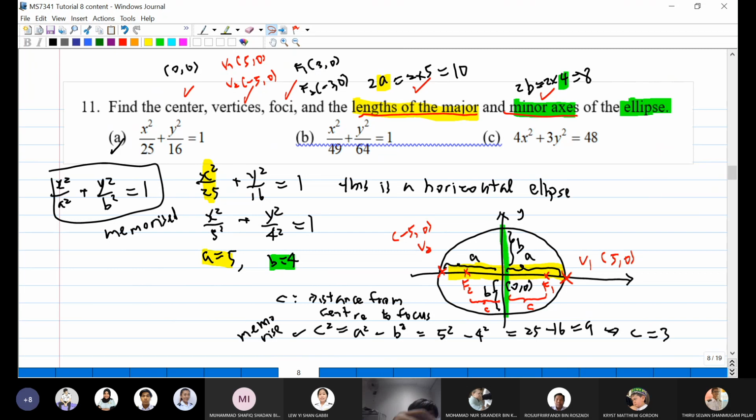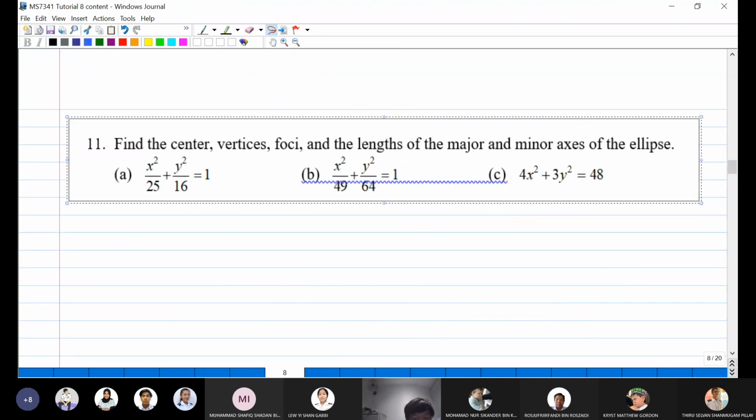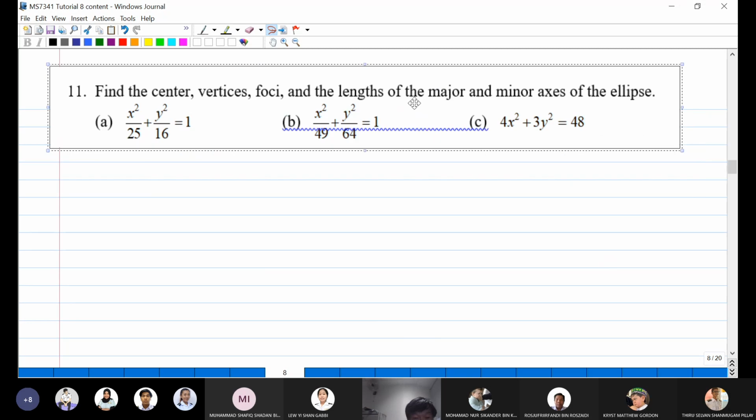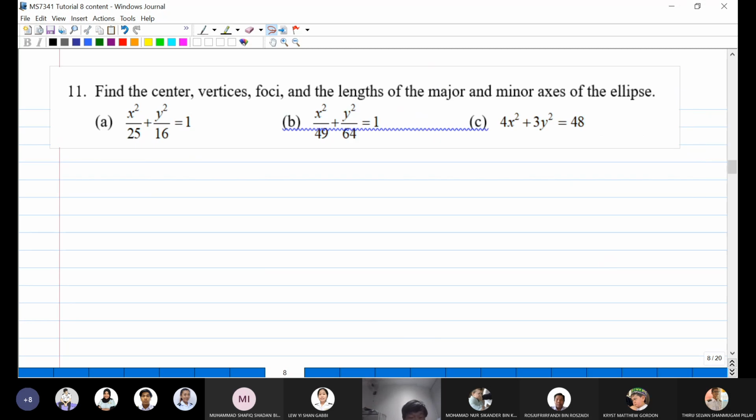11b. What is so different about 11b now? I want to find the same thing, all right? So the standard equation of an ellipse is always like that. You don't know how to do this, start with the standard equation.